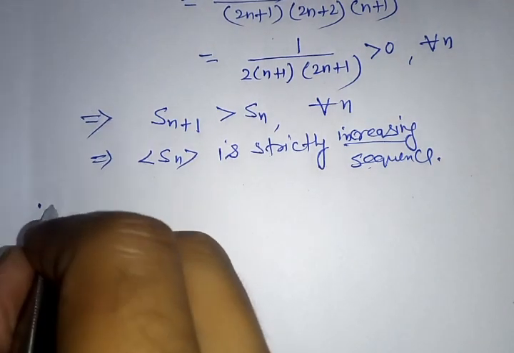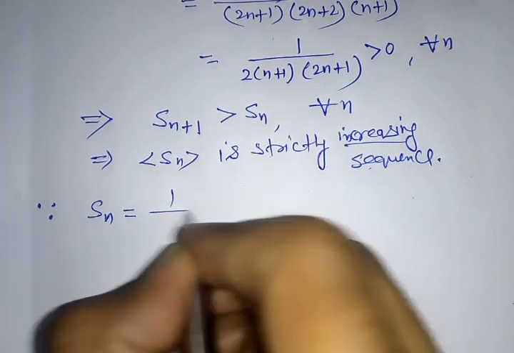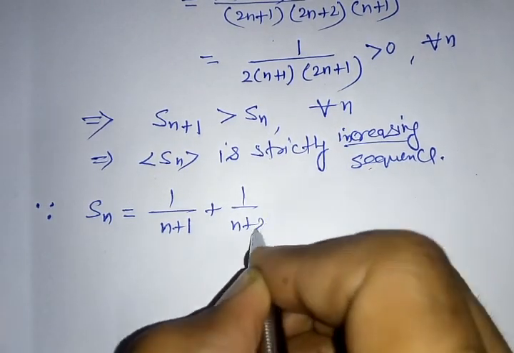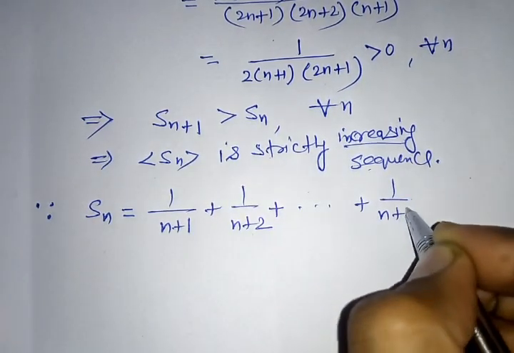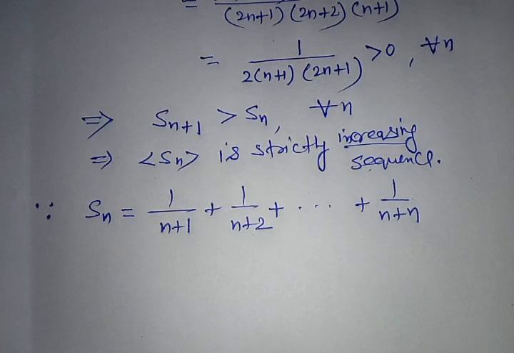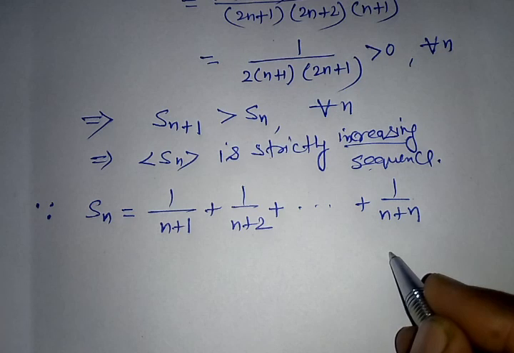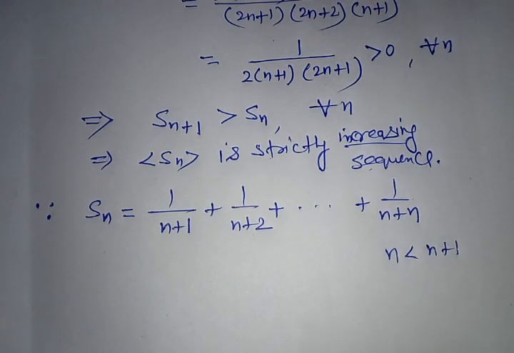Since Sn equal to 1 upon n plus 1 plus 1 upon n plus 2 plus up to 1 upon n plus n. We know that n is less than n plus 1, and so 1 upon n is greater than 1 upon n plus 1.